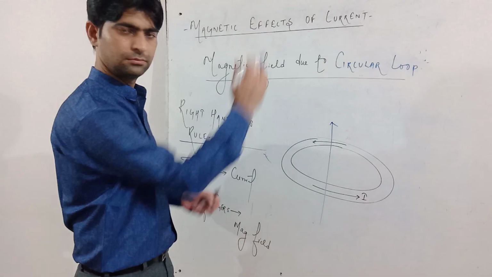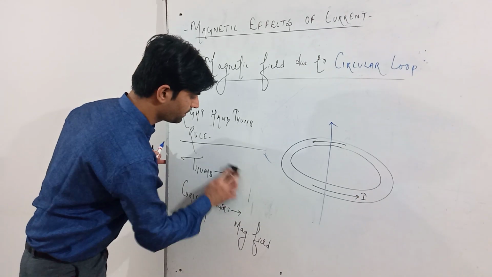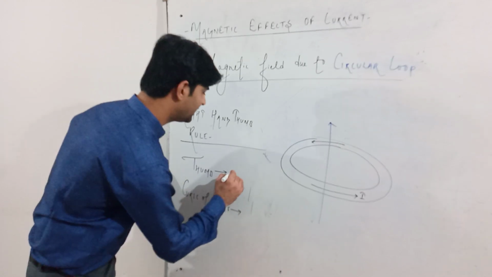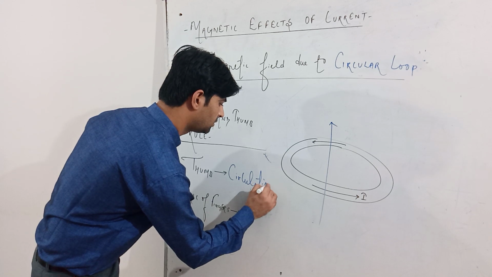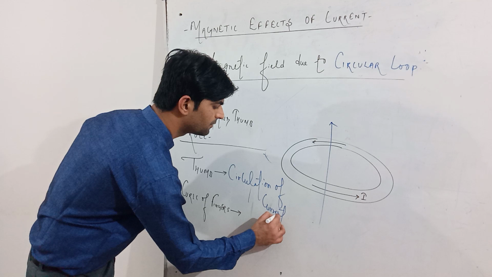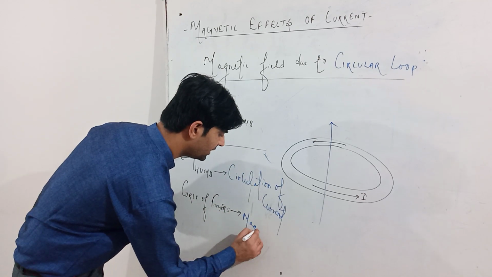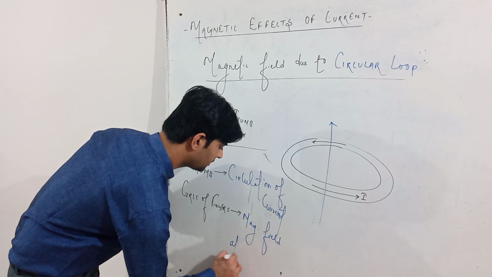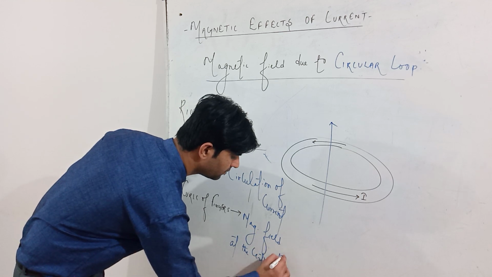straight up like this. Let me change this. We'll just change it. Thumb indicates circulation of current, or you may say direction of current, and curls of fingers indicate magnetic field at the center of the ring.